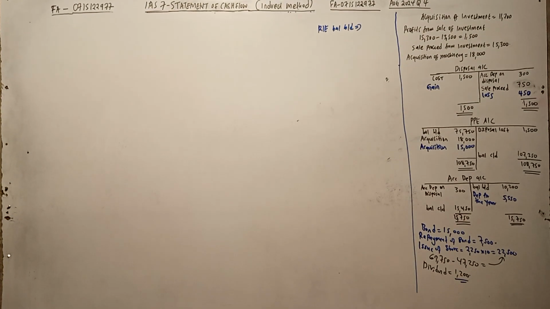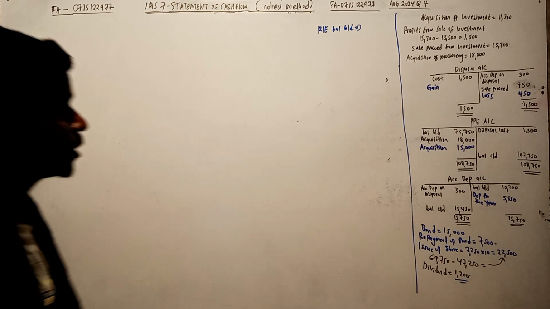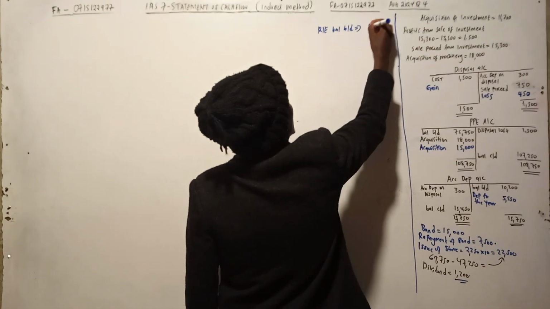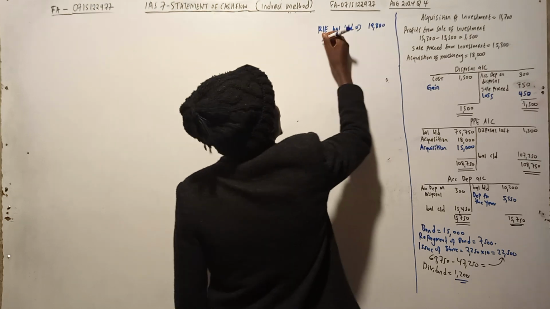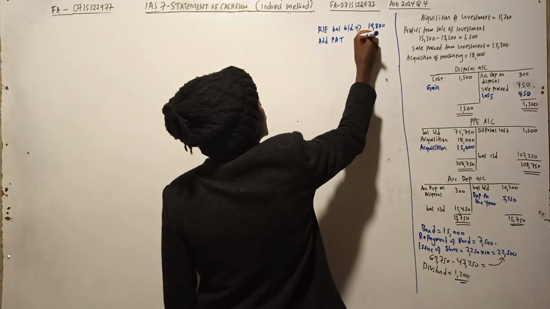You go to the balance sheet. The retained earnings is the revenue reserve, which is 19,800. Then you add profit after tax.